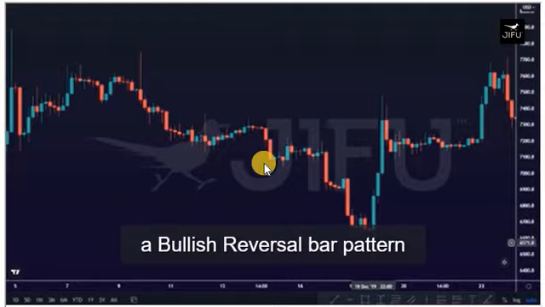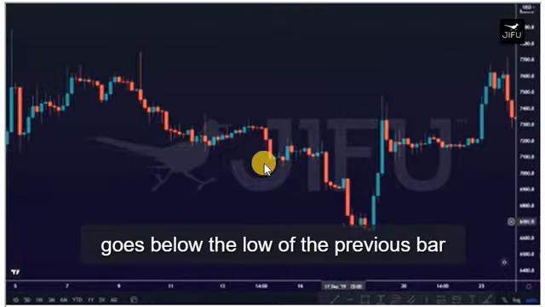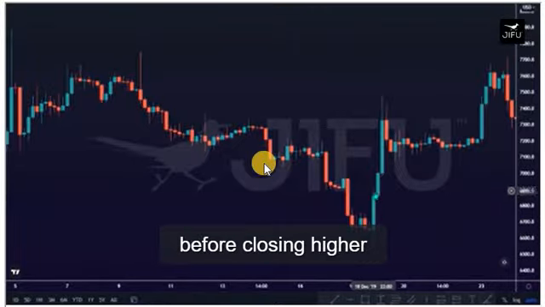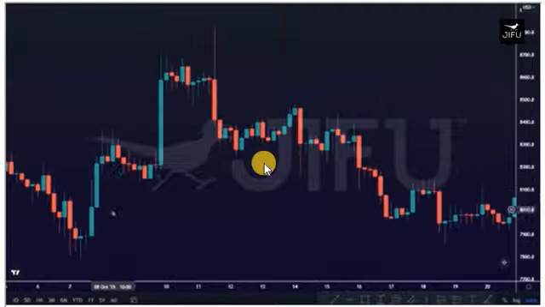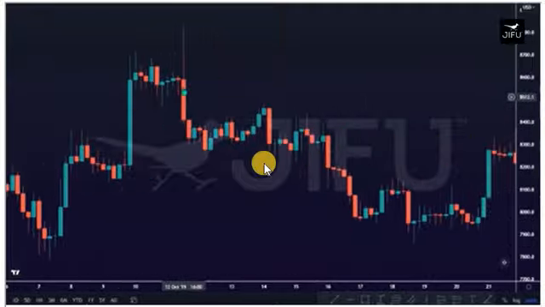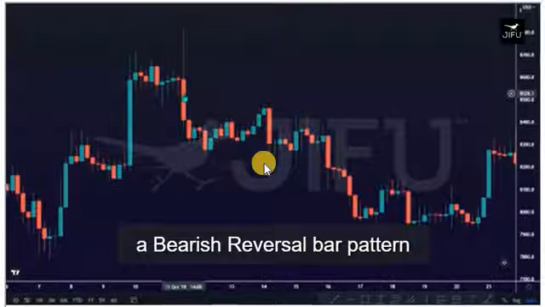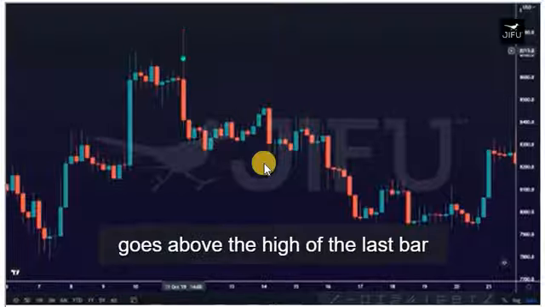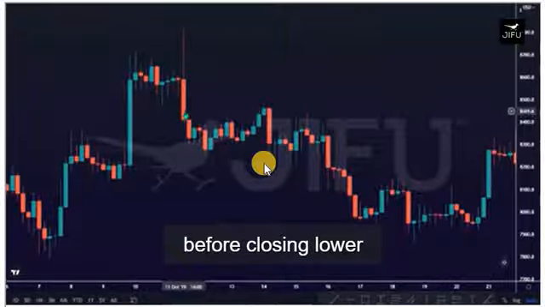A bullish reversal bar pattern goes below the low of the previous bar before closing higher. A bearish reversal bar pattern goes above the high of the last bar before closing lower.